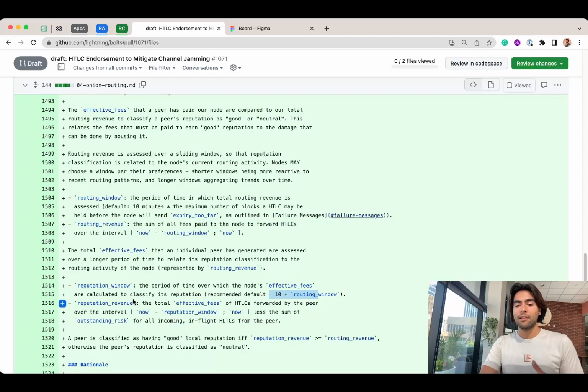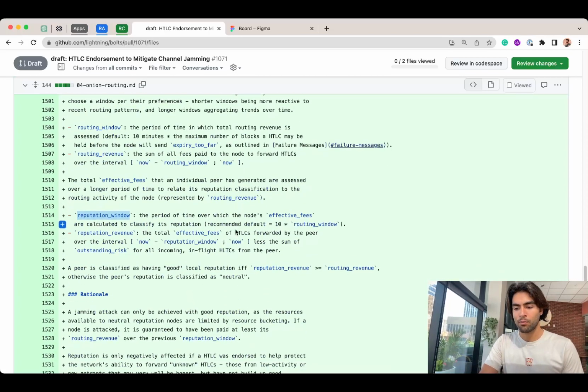What we do here is calculate the reputation of the peer during the reputation window, and we calculate the amount that the peer is using from that reputation over the routing window, which is a smaller window. So if a peer has 10 reputation points with me during the past 10 hours, it can use only those 10 reputation points in the past hour. It shouldn't be able to use more than that.